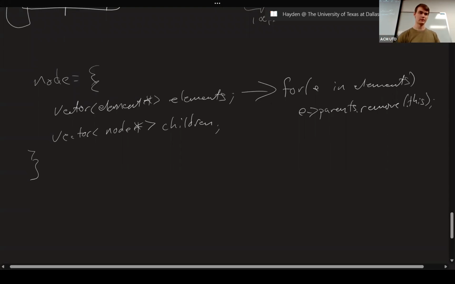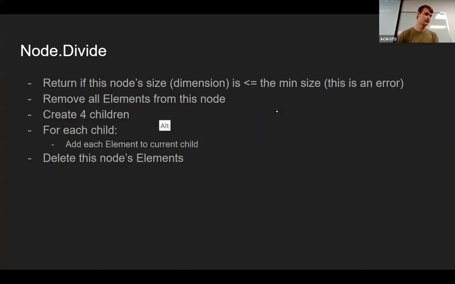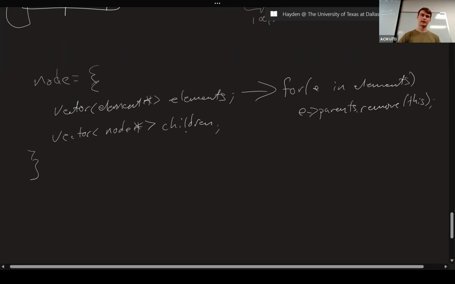This is a pointer to a node that contains it. So we just remove this node as a parent. So that's sort of line 2 here. And then we create our children, we add our elements to the children.